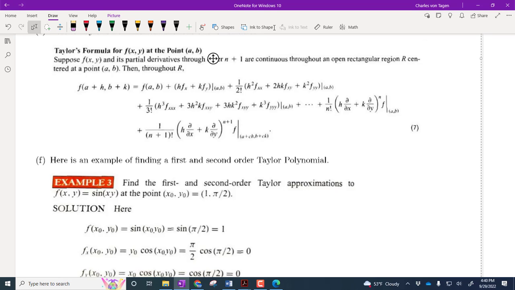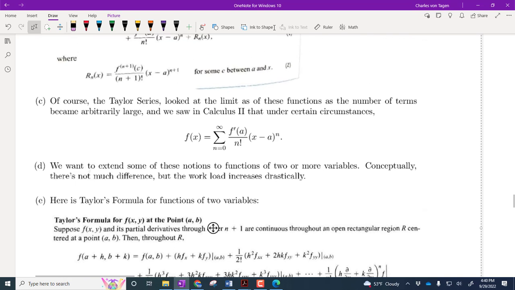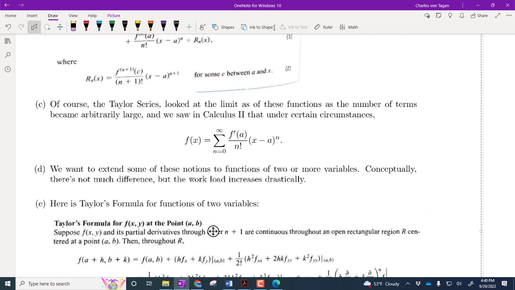Okay? And then here you've got a quadratic times your second derivative evaluated at a point, and another quadratic times another second derivative at a point, and another quadratic times another second derivative evaluated at a point. That's the same as that second term when n gets to 2 right there.